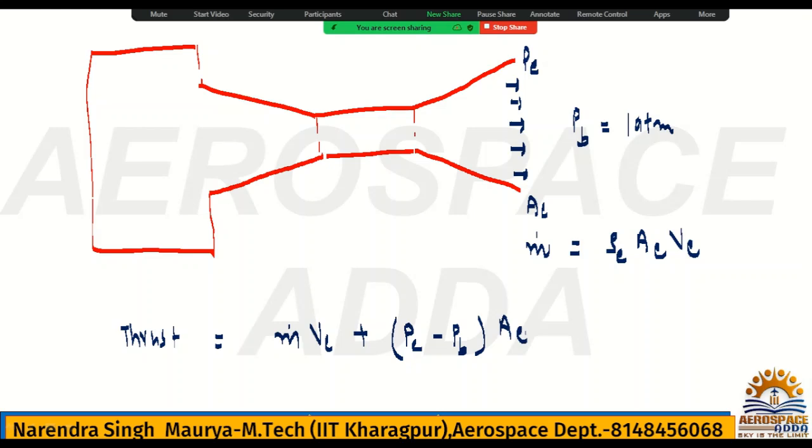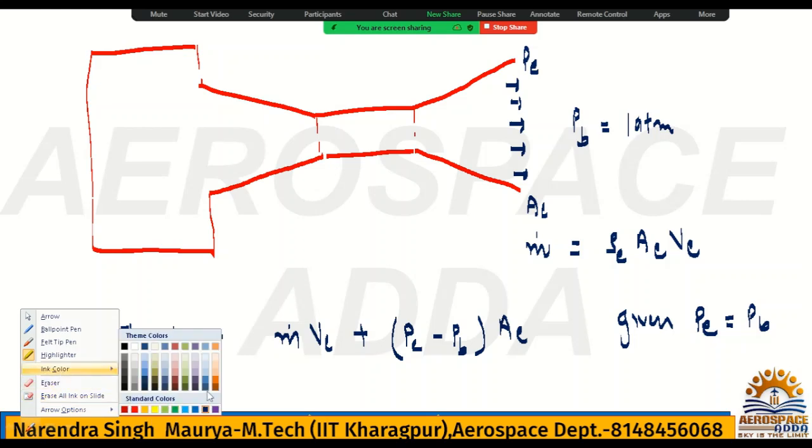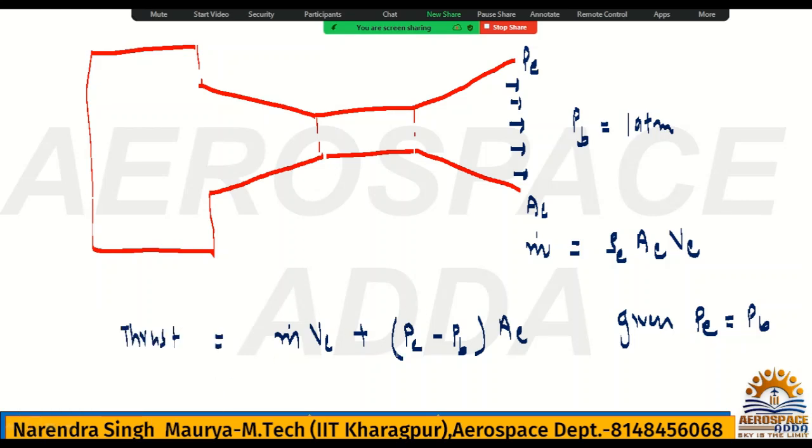Here PE is equal to PB, because it's a fully expanded case, so this part will be 0.